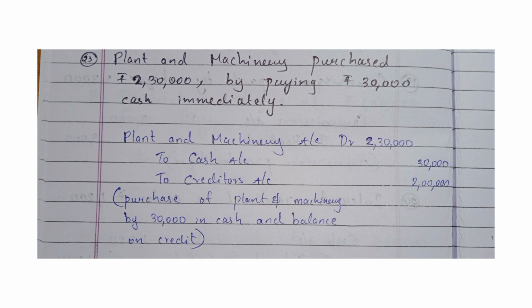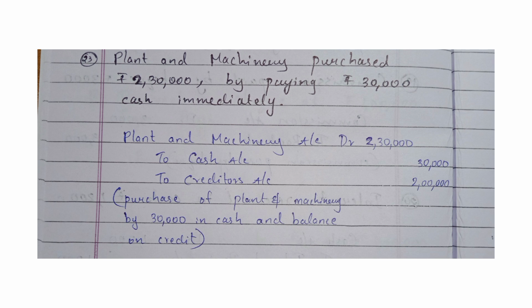The next one is plant and machinery purchased for rupees 2,30,000 by paying rupees 30,000 cash immediately. That means the total amount of plant and machinery is 2,30,000 and in that, 30,000 is given as cash immediately. So what that means is the rest is taken on credit. We know when there is cash involved, there will be cash account, and when there is credit involved, there will be creditors account.